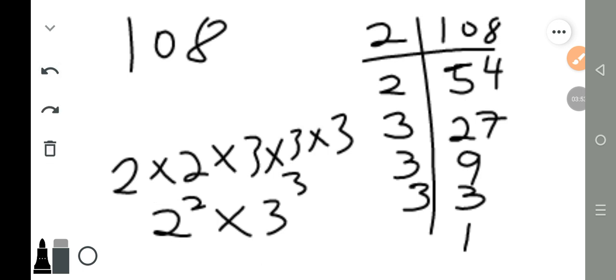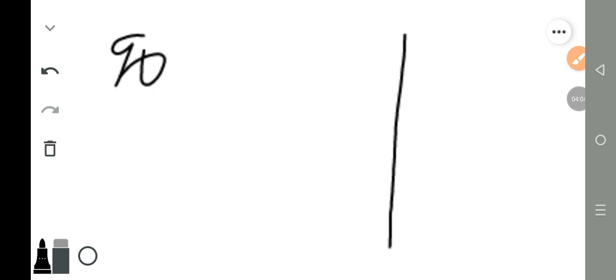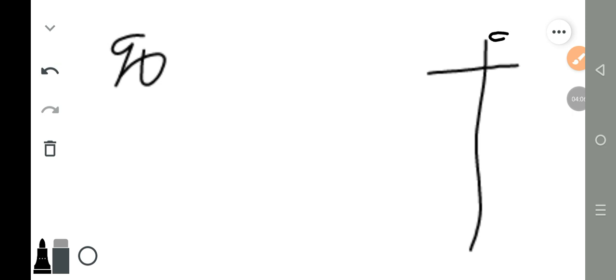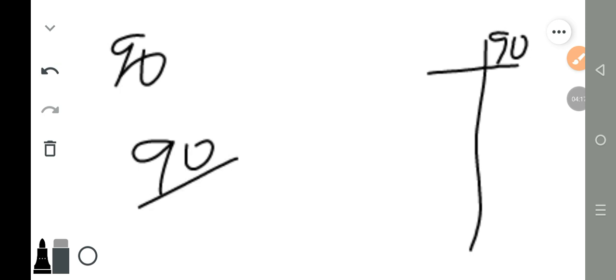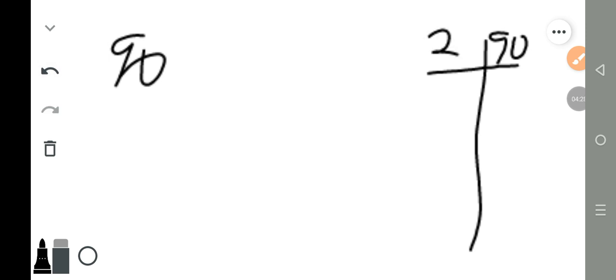Now let's go over to another. One more that we are going to do before we do more exercises would be 90. So to find the prime factor of 90, what are we going to do? The same thing we have been doing all through. Can 2 divide 90 accurately? Yes. So the smallest prime number that can divide 90 is 2. 90 divided by 2 is 45.